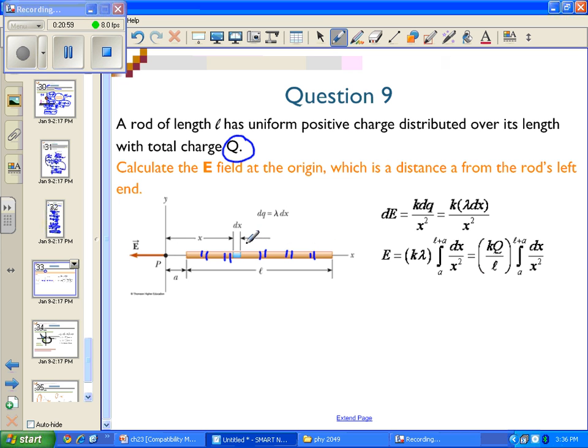So in other words, what I've tried to draw here is little point particles, little infinitesimal quantities of charge, beginning at the left end of the rod, at distance a from the origin, and ending at the right side of the rod, which is a distance L plus a from the origin. Well, like the previous problem, we want to put a proton at the origin.